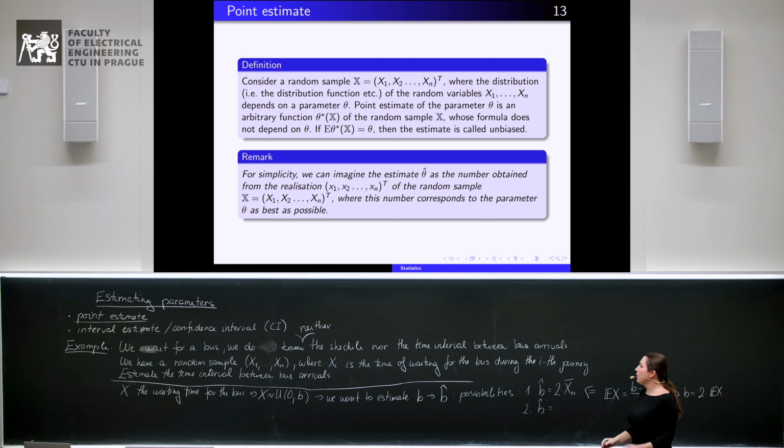Or we can think about the time of waiting. We have many, many times of waiting. So maybe the maximal time can be a good estimate of the upper boundary.